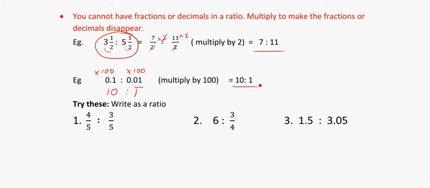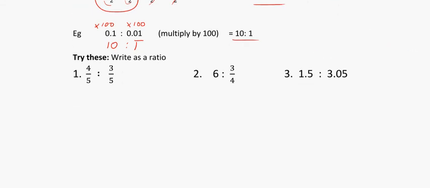Okay, so try these ones. 4/5 to 3/5. Now to get rid of the fraction, look at the denominator and if they're both the same, multiply by that number, or multiply by a number they'll both go into, the lowest common denominator. That cancels and you're left with 4 to 3.